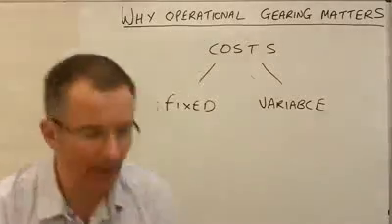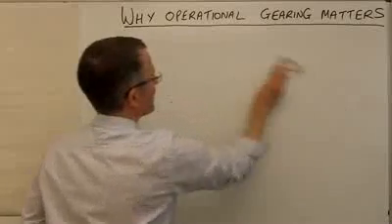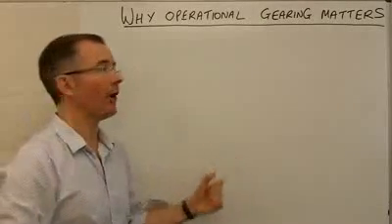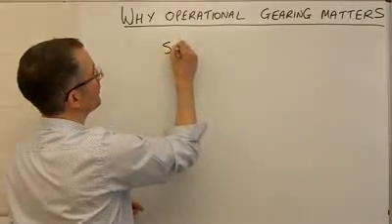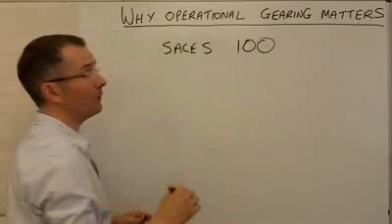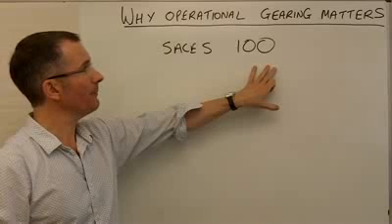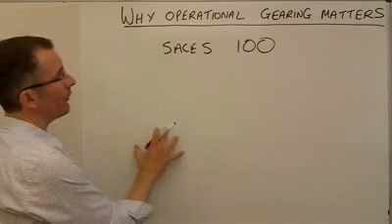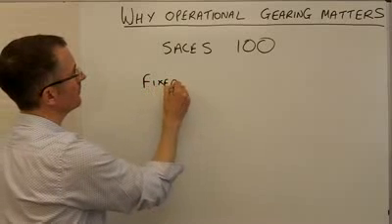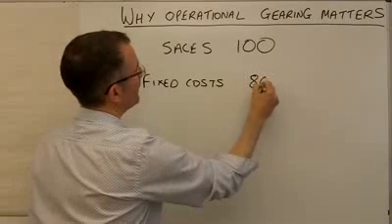So, imagine I'm looking at a very simple firm that has the following cost structure. Imagine its sales are £100, $100, very simple example, obviously not a real life example, but it sells 100 and costs to get to profit are fixed, of 80.